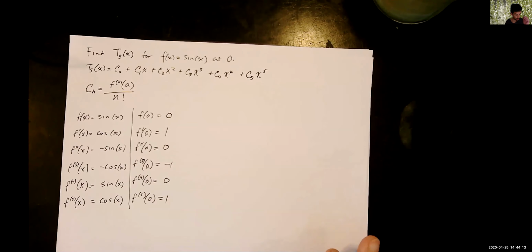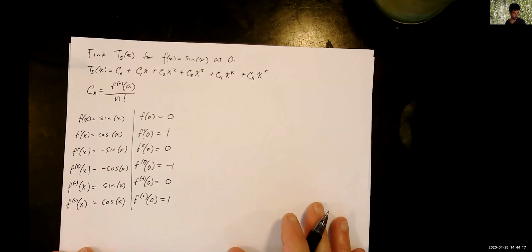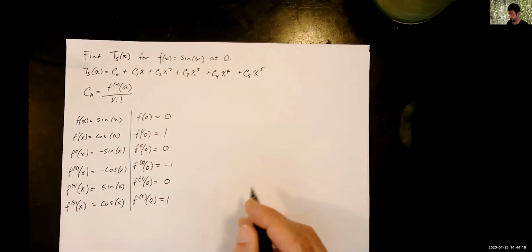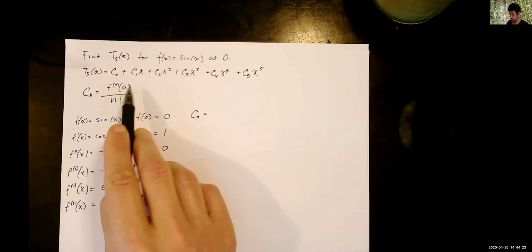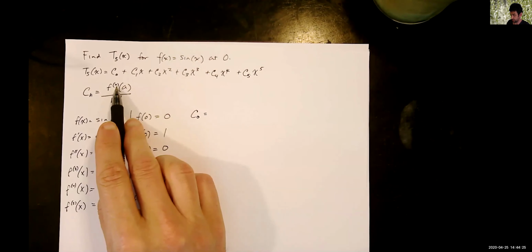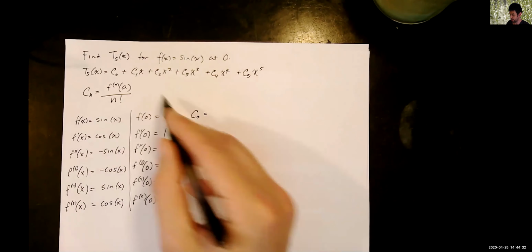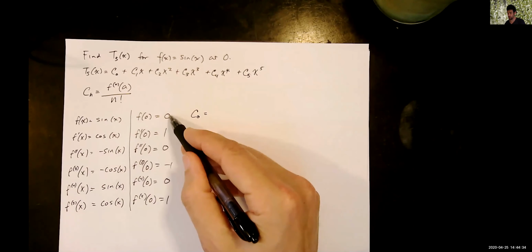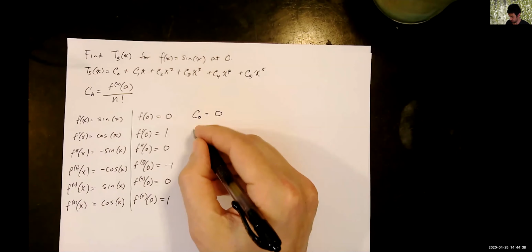Okay? So this is pretty straightforward so far. Using this formula, I get that C0 is equal to the 0th derivative of the function at 0 over n factorial, but the numerator is just going to be this, right? These are going to be my numerators with n factorials in the bottom. So this one's going to be 0.